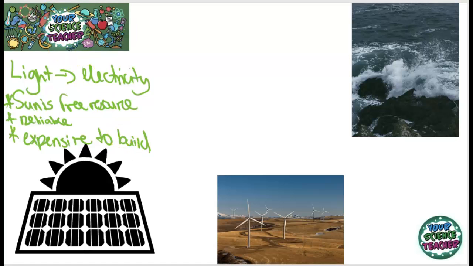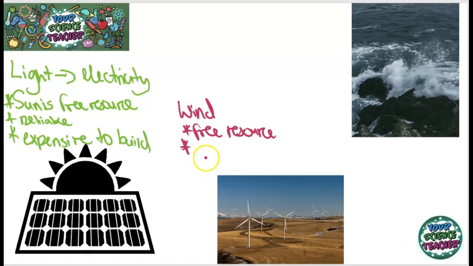So let's look at another resource used to generate electricity, and we have the wind. And wind is a great resource because of the fact that it is also free, isn't it? Free resource that's already there. Now, wind is not as reliable as the sun. You cannot predict wind patterns.